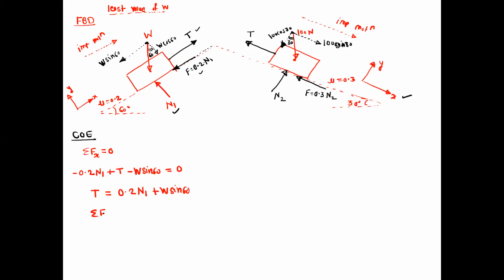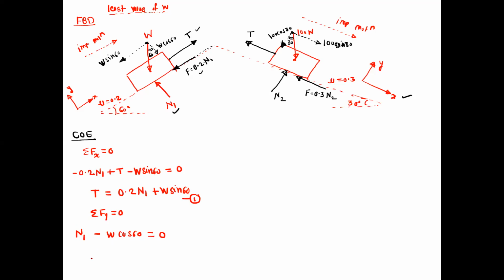Then use summation Fy is equal to 0. So for summation Fy, plus N1 in the positive y direction, then minus W cos 60, is equal to 0. Okay. So put the value of N1 in the first equation. So take this equation 1.